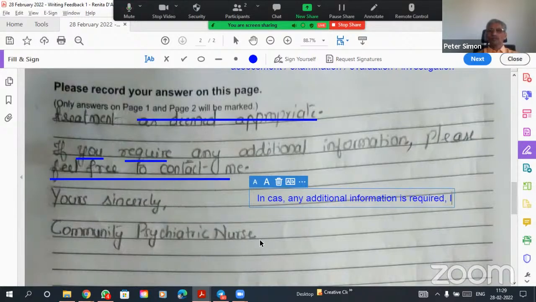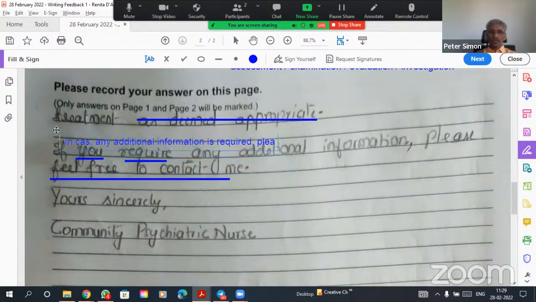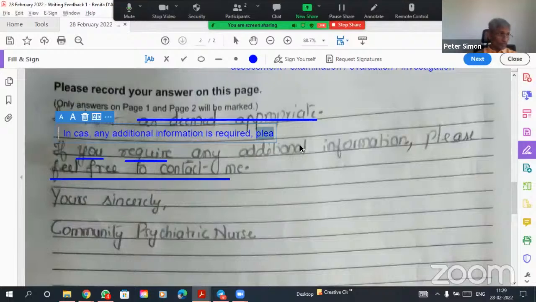Please, in case any additional information is required, please do not hesitate to contact me.